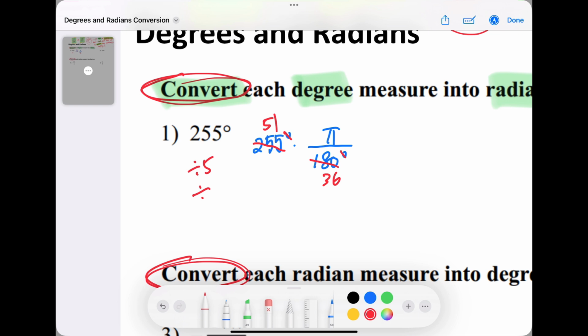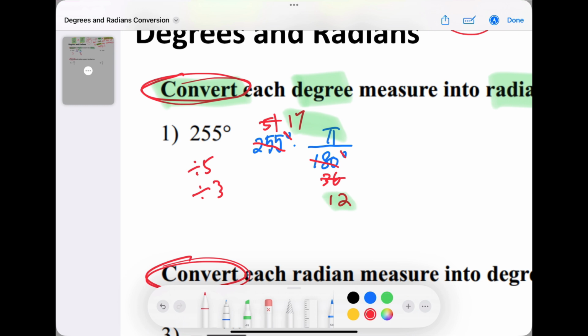we got 36. Can I continue to simplify? I still can divide. Let's see, what can I divide? Hey, I can divide by 3 again. So 51 divided by 3 is 17, and 36 divided by 3 will be 12. So what you see is what you got.